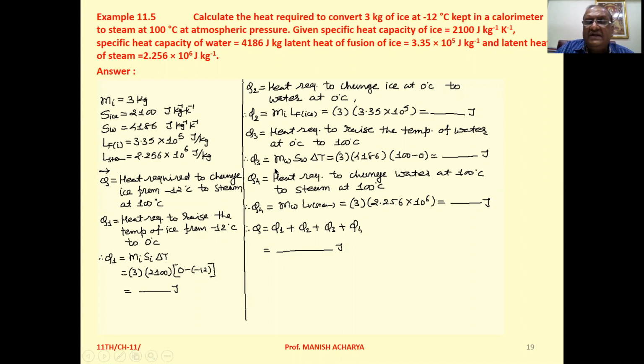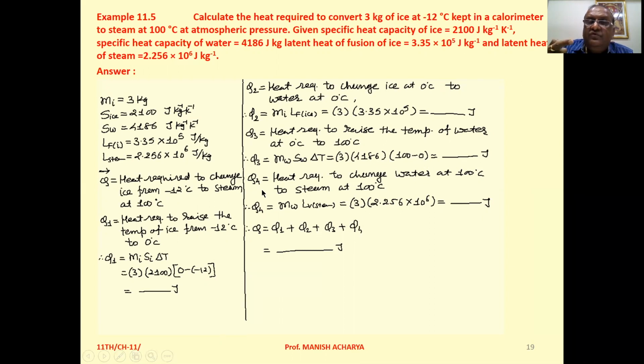So Q3 is M water, S water, delta T. So M water obviously 3 kilogram, S water 4186, delta T: final temperature is 100, initial is 0, so 100 minus 0. Solve this one, you will get Q3, this much joule.